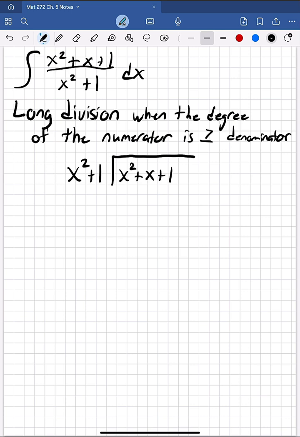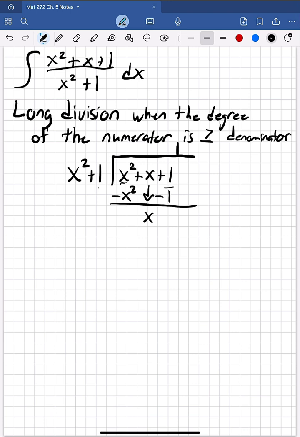All right, and I have an x squared inside the dividend, and a 1, and then I have x squared plus 1 out here. So it works the same as you did long division in, say, 3rd or 4th grade. All right, so it goes in one time. I multiply it, so I can subtract off x squared, and I can subtract off 1. All right, so that only leaves me with this x.